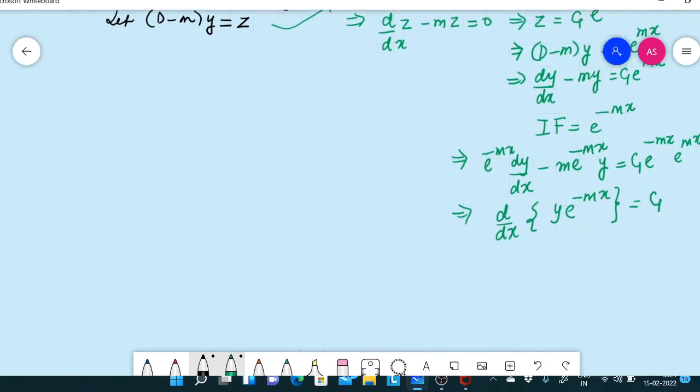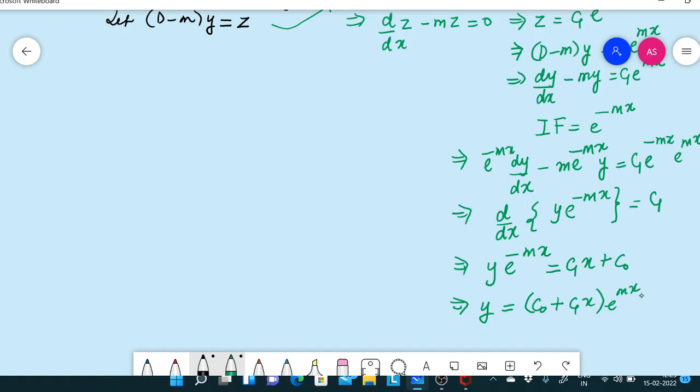On the left hand side, we see that we have a complete differential of the function y e to the power minus mx, which is very simple to solve. We will have integration on both the sides, which will give us our solution in this case: y is equal to c0 plus c1 x, where c0 and c1 are both constants of integration, and the values will be evaluated in the questions from the initial conditions which are given.